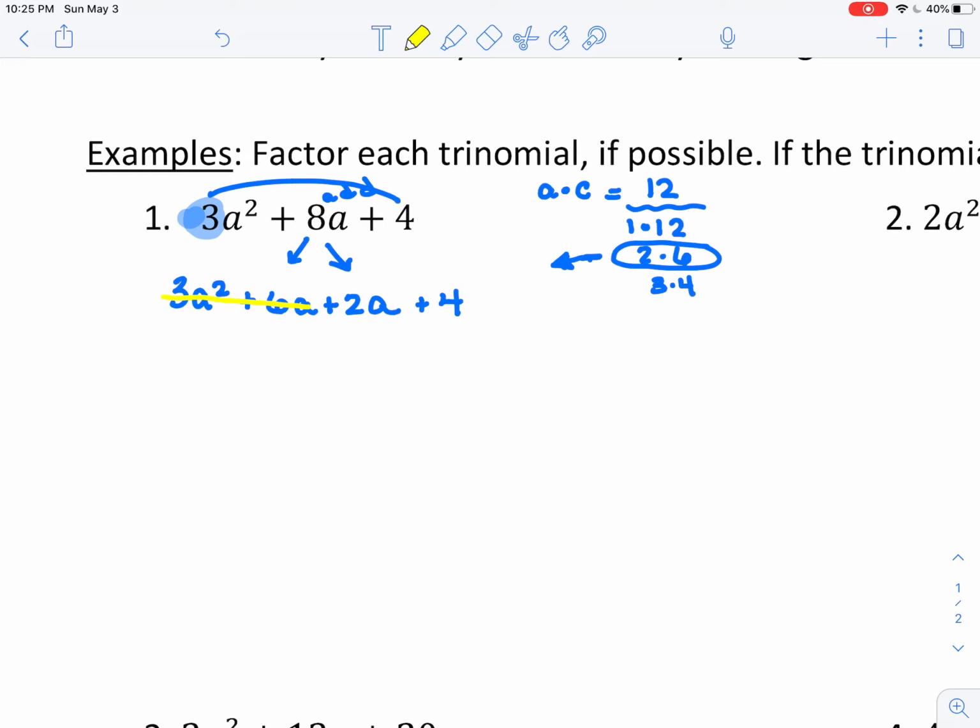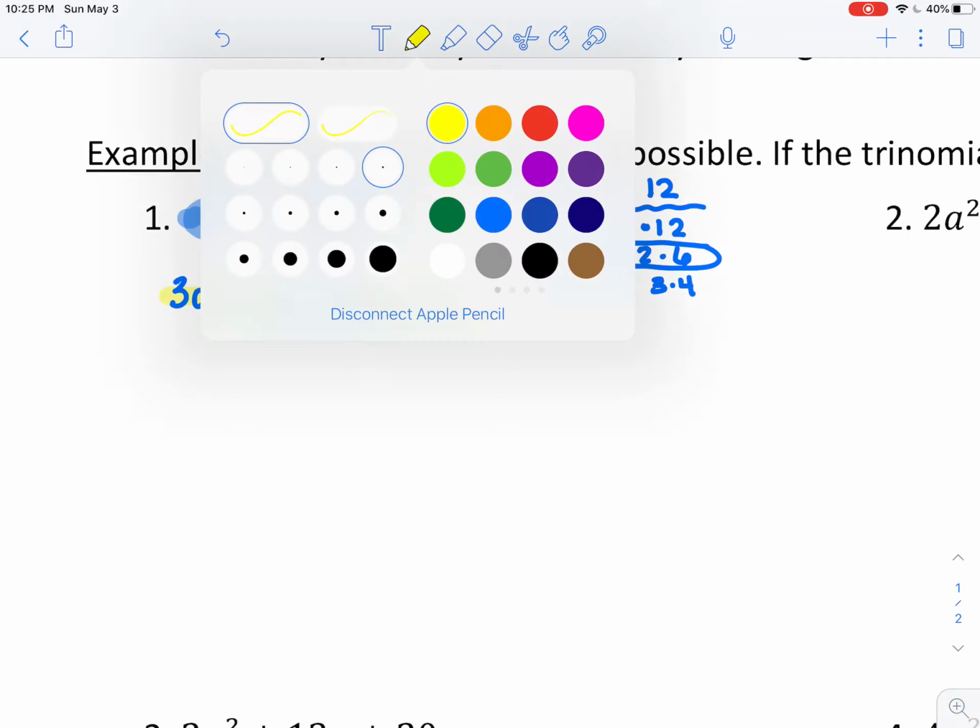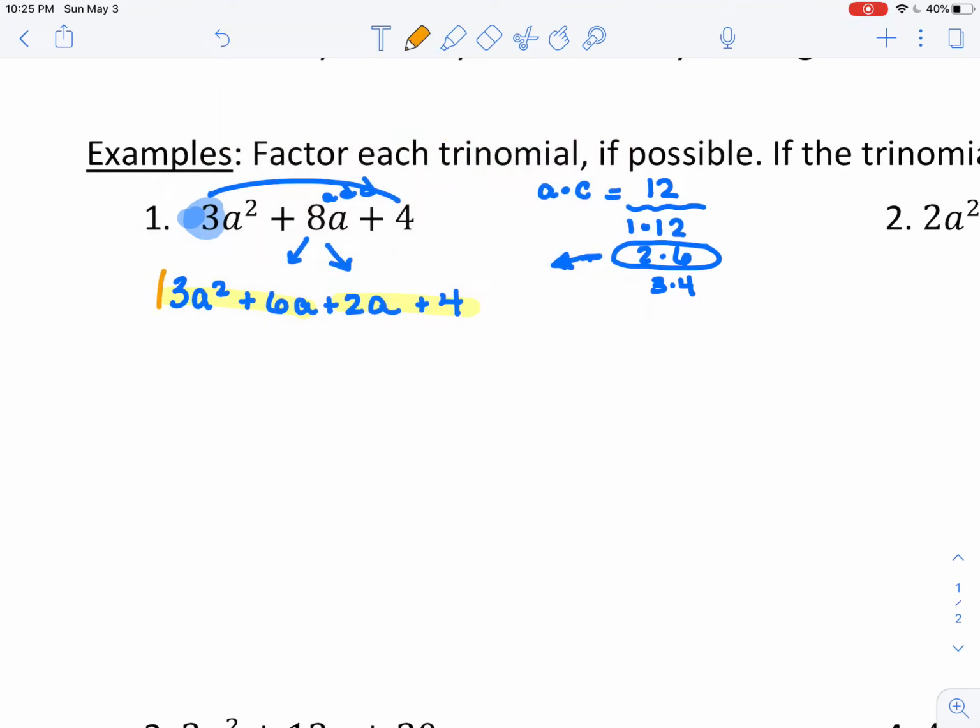The rest of the factoring that I'm about to do is factor by grouping, which we've learned before. So now if I factor by grouping, I look at just the first 2 terms, factor out their GCF. So here the GCF is 3a.